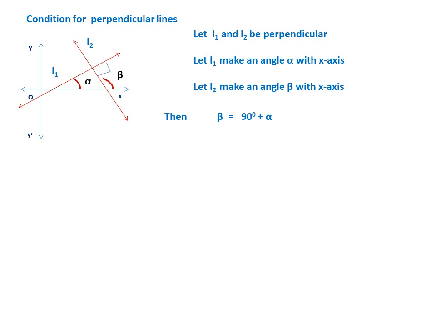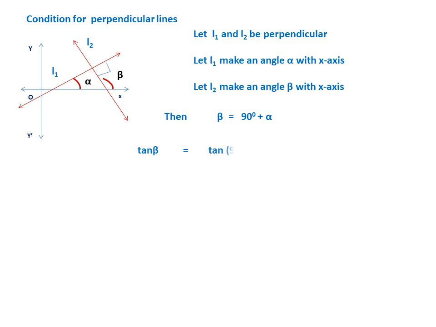Now if you look at the diagram, because you have studied this property in geometry, angle beta is the exterior angle, which is equal to the sum of the opposite interior angles, that is alpha plus 90, because the other angle is also 90 in that triangle. So beta will be equal to 90 plus alpha.